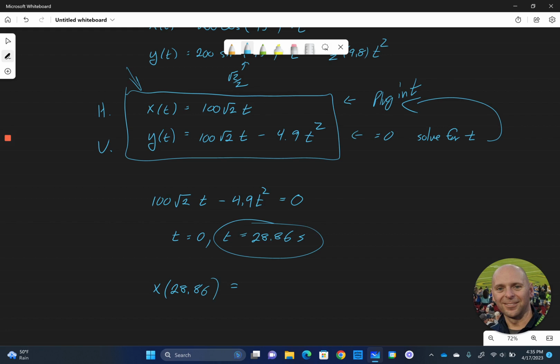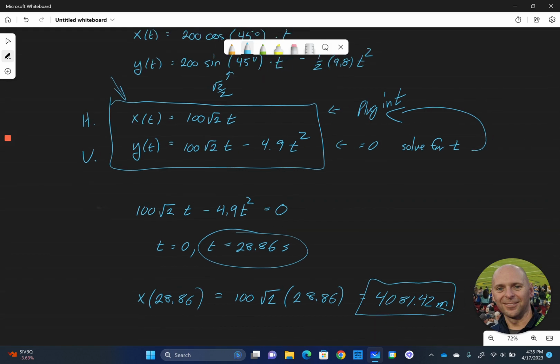And plugging that in and evaluating, 100 square root 2 times 28.86 is equal to 4,081.42 meters. So this is approximately how far that particular projectile has traveled. So that answers the first part of that question, which is what's the range?